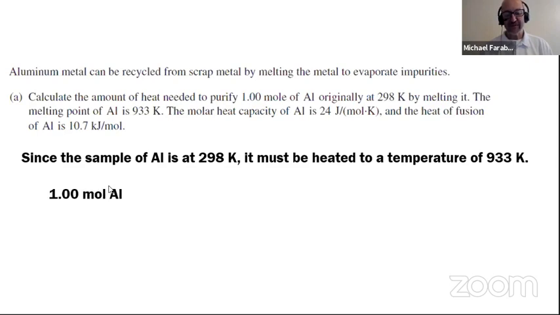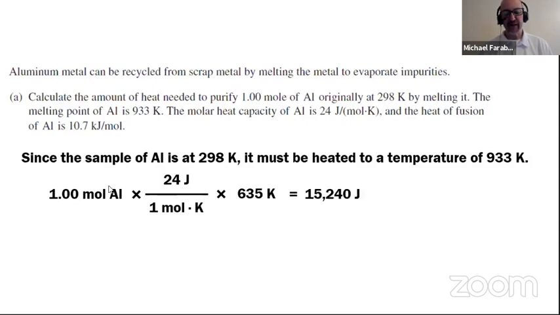That would normally be MC delta T, but they've given us a molar heat capacity. So it's not joules per gram Kelvin, it's joules per mole Kelvin. The change in temperature is going from 298 to 933. That's a difference of 635 Kelvin. So it takes about 15,240 joules to warm 1 mole of aluminum from 298 to 933.